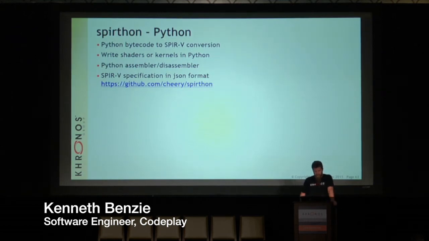So spirthon is an interesting tool. It's converting Python bytecode to SPIR-V, and this should hopefully allow shaders and kernels to be written in Python, which is an interesting concept. This also includes a Python assembler and disassembler, and uses the JSON format to read information and to create a data-driven application.